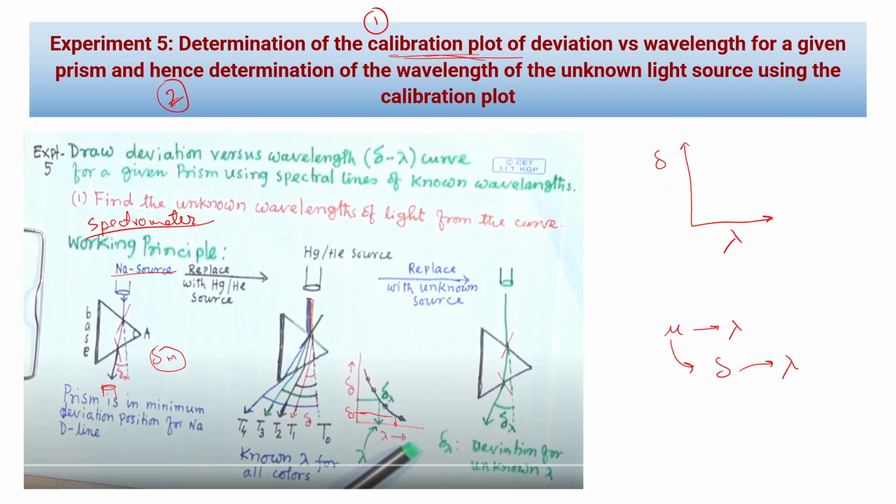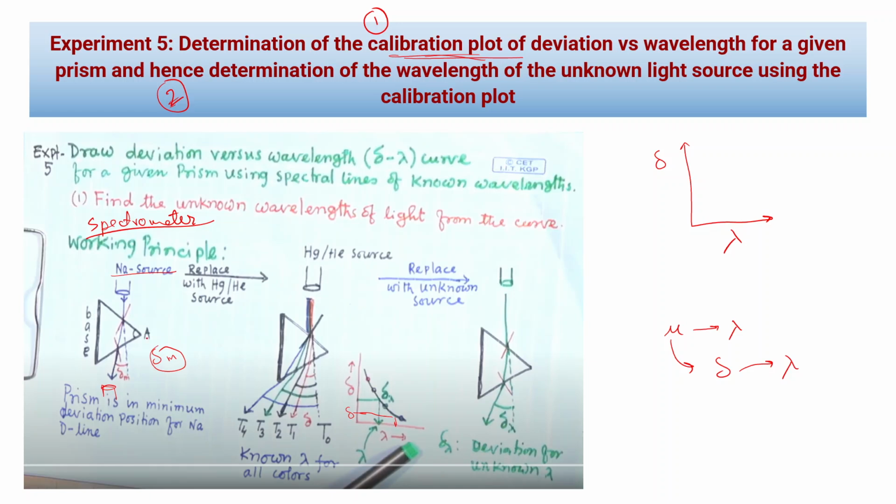I can also do the opposite: if I know the deviation for a particular light, maybe I don't know its wavelength, but if I know how much it is deviating, then I can find the corresponding wavelength.